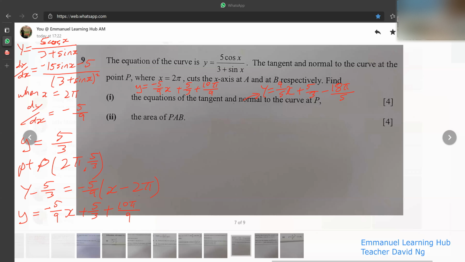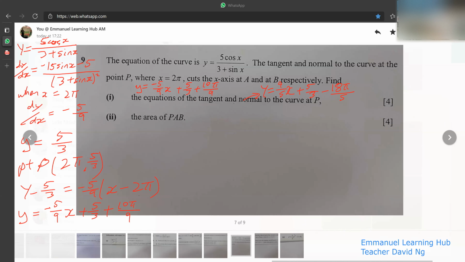Okay, the equation of the curve is this. The tangent and normal to the curve at P. Find the equations of the tangent. Equation of tangent is minus 5 over 9. Okay, gradient of normal will be 9 over 5. So equation of normal is 9 over 5 x plus 5 over 3.